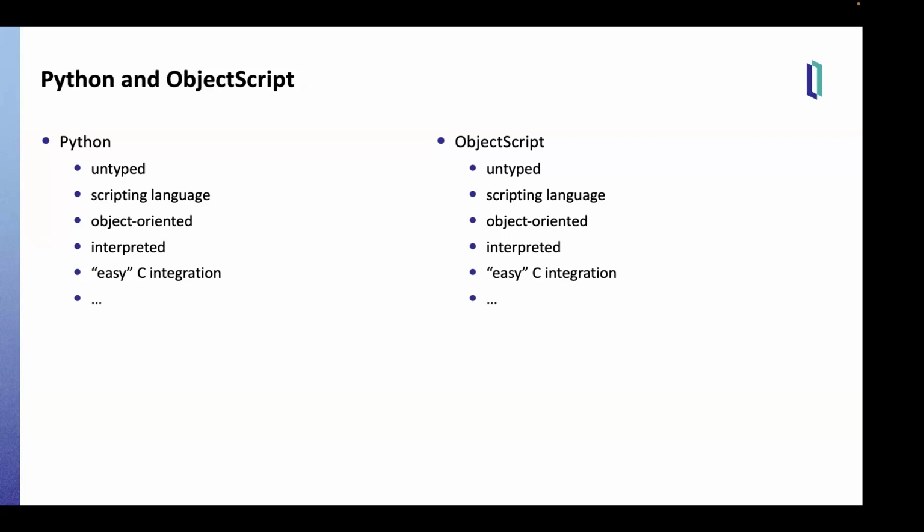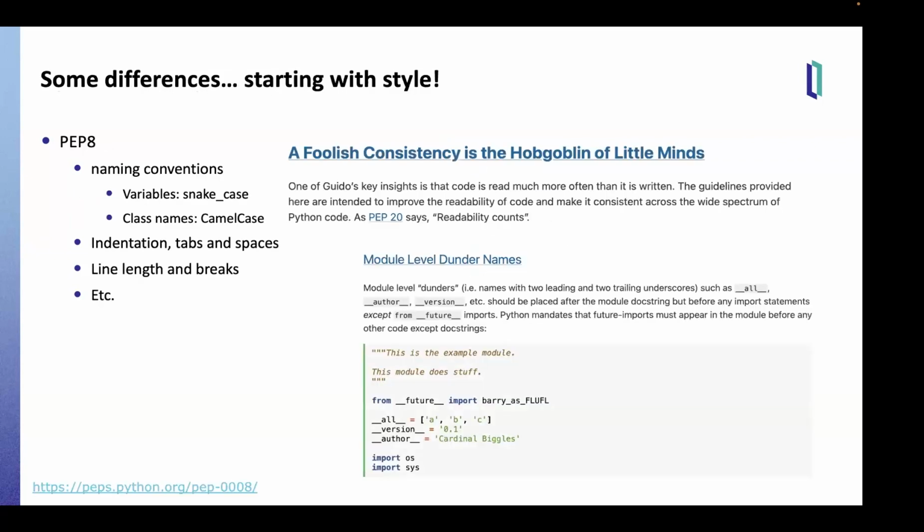That by itself seems like those languages are a really nice match, and it should be really simple to work from one language to the other, but there are also differences, starting just with style. If you're a Python developer or new to Python, then you might have heard of PEP 8, which describes exactly how you're supposed to style your code, the best practices.